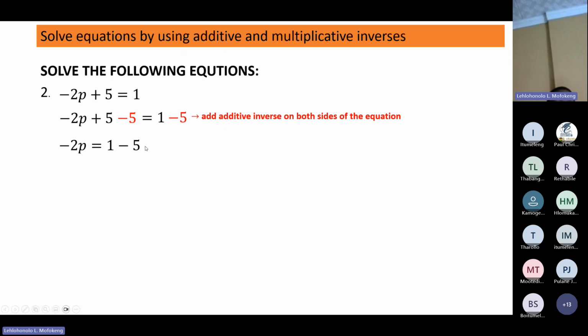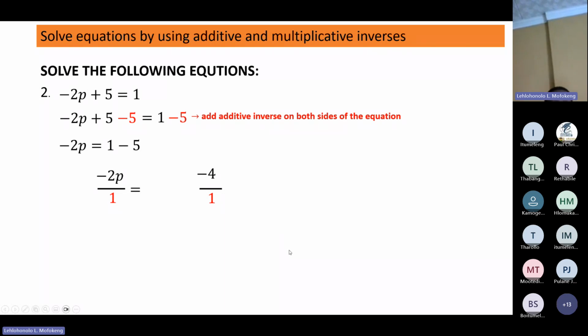But that happens because we have applied the additive inverse. The next step: negative 2p divided by 1, because negative 2p is the same as negative 2p divided by 1. And 1 minus 5 is the same as negative 4, which is negative 4 divided by 1.